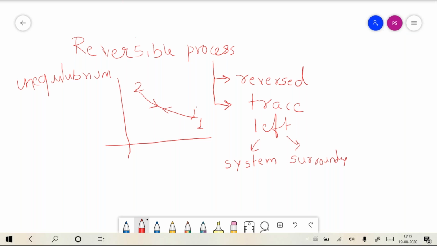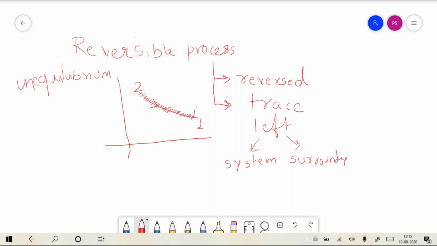If you take this process 1 to 2, then we need to divide this process into an infinite number of states, that is, uncountable number of states, and all the states between 1 and 2 would be in thermodynamic equilibrium.